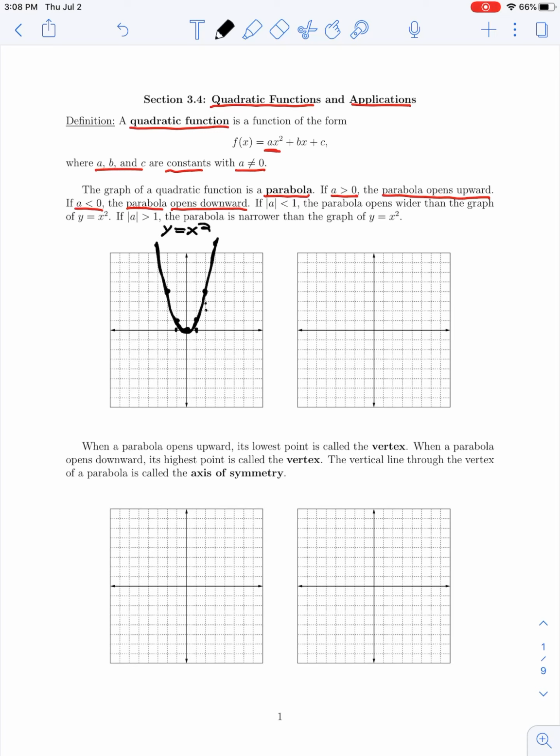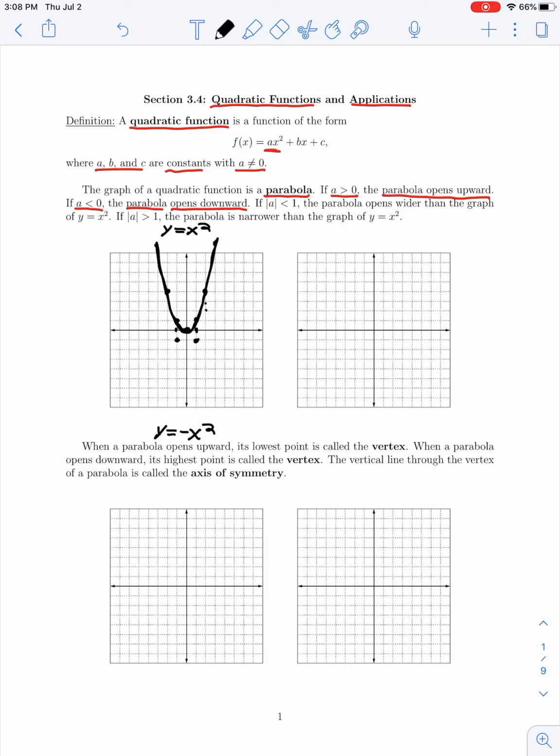Now if we were to change the coefficient, let's say we make this y equals negative x squared, well, we would have the exact same curve, but where all of our positive y values are now made negative. So when x is plus or minus 1, we have y would be negative 1.